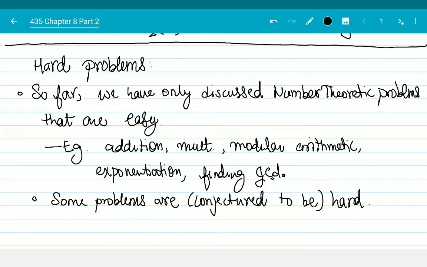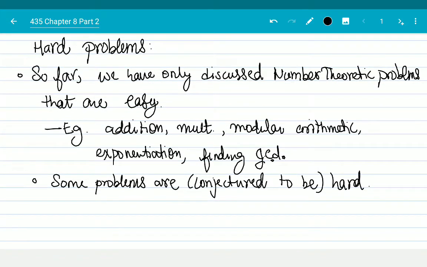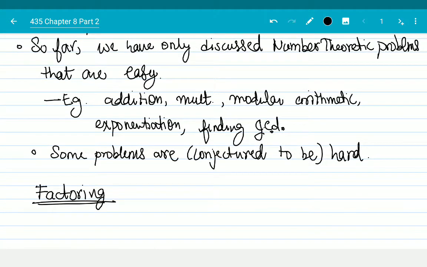One of the easier problems to state, but still a hard problem in this sense, is the factoring problem. Multiplying two numbers is really easy.